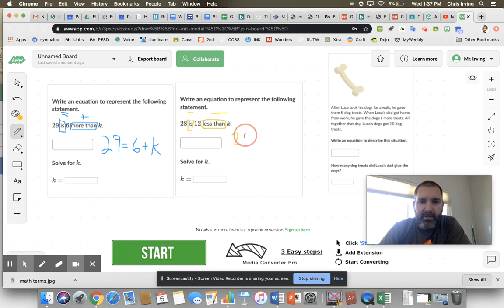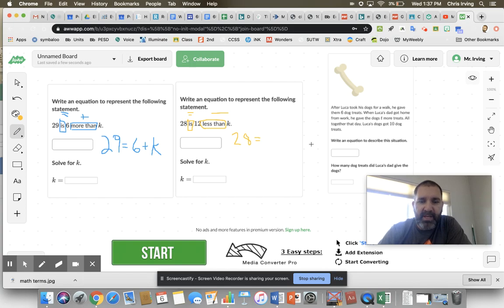28 is, now this is where it gets slightly confusing, 12 less than k. So a lot of students will write 12 minus k. But if you actually read it carefully, it says less than k. So what is actually being subtracted from?